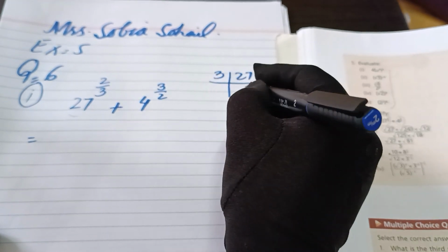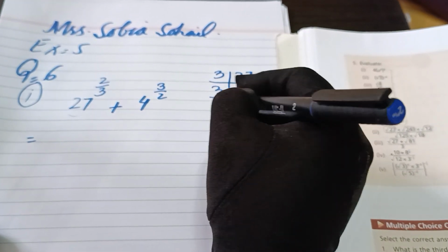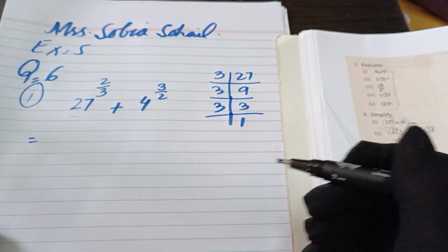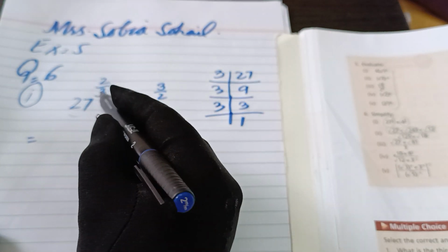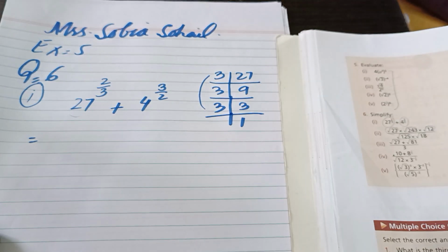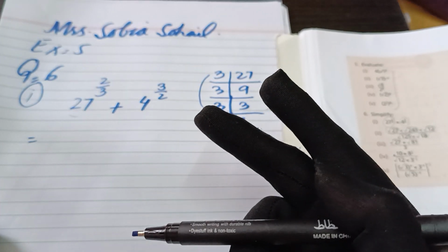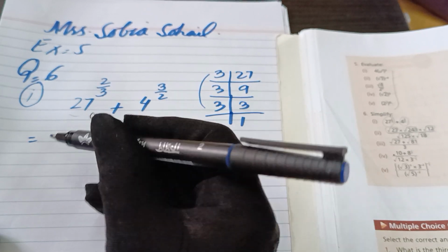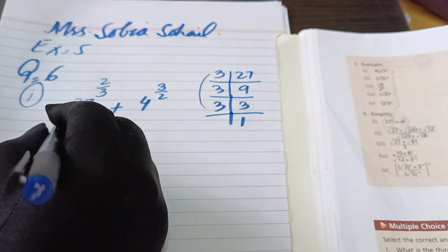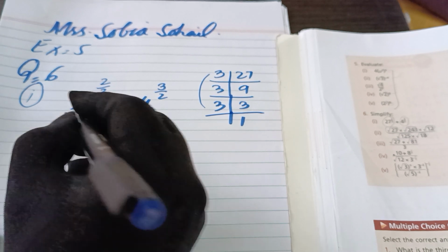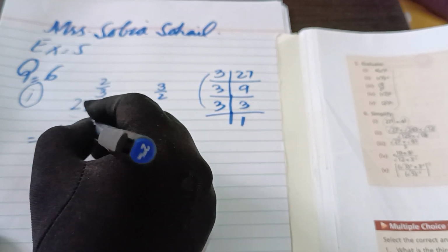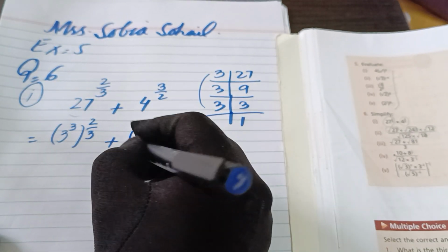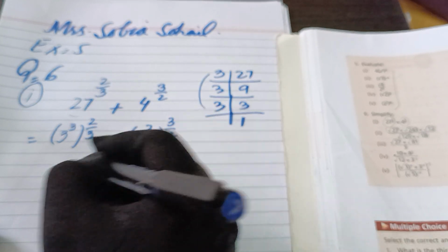I will explain it here, and later, if I have previously explained the factor of a number, I will just write it down without explaining again. If the root is 2, we make sets of 2 numbers; if the root is 3, we make sets of 3 numbers. So 27 can be written as 3 power 3, and its external power is 2 by 3. 4 can be factorized as 2 square, and its external power is 3 by 2.